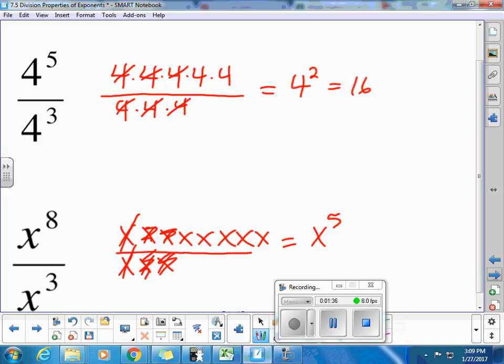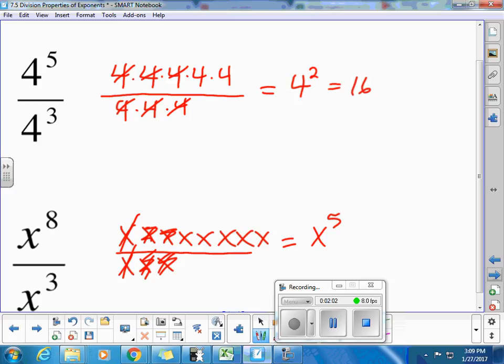So let's look at that pattern. 4 to the 5th over 4 to the 3rd gave us 4 to the 2nd. x to the 8th over x to the 3rd gave us x to the 5th. We're not adding like we did when we multiplied. Remember, when we multiplied, we could add the exponents. This time, how do I get from the numbers 5 and 3 to a 2?